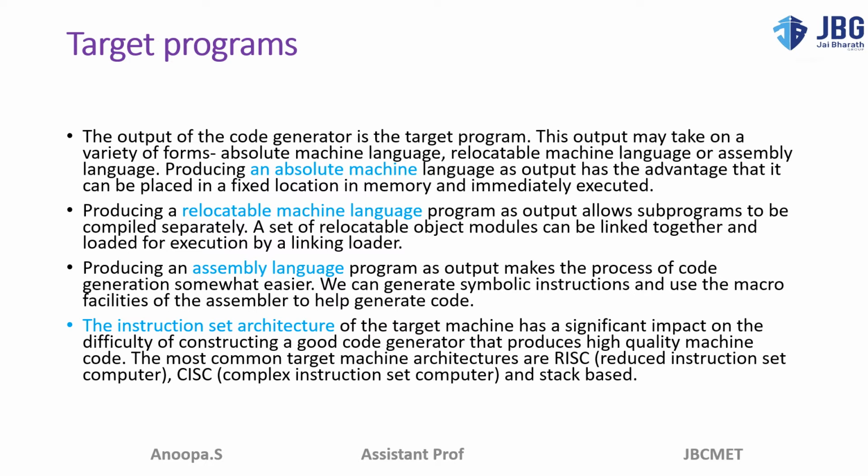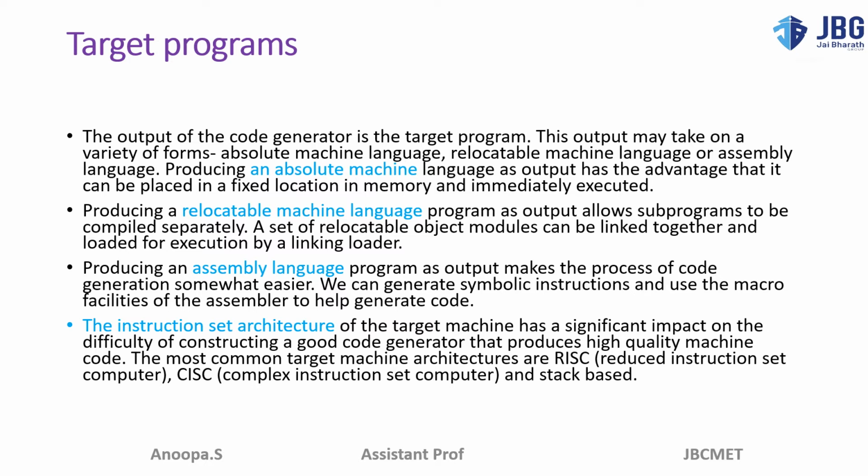So first let us see what is the advantage of keeping an absolute machine language as a target program. If we are using an absolute machine language as output, it has the advantage that it can be placed in a fixed location in memory and it can be immediately executed. Second is a relocatable machine language.